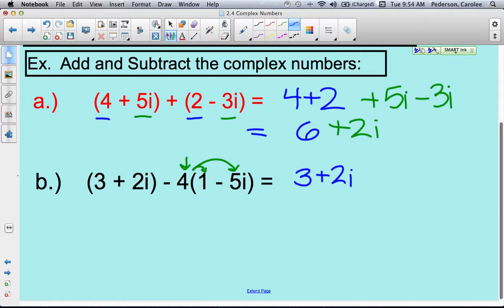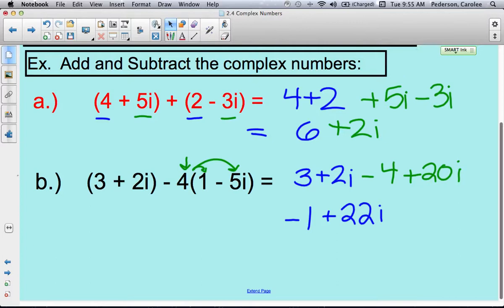And then I'm going to distribute -4 through. -4 times 1 is -4. And then -4 times -5i is negative times negative is a positive, and then i. Now I'm going to combine the real parts together. 3 minus 4 is -1, and then 2i plus 20i is 22i. I'm going to stop the recording there.